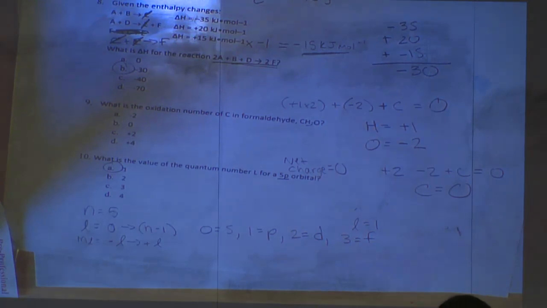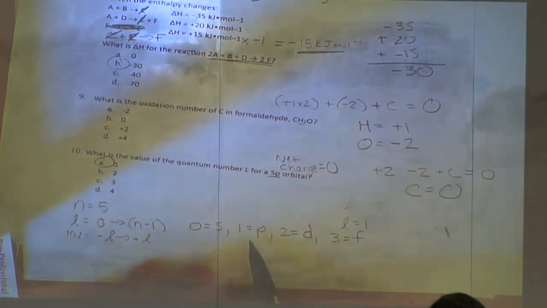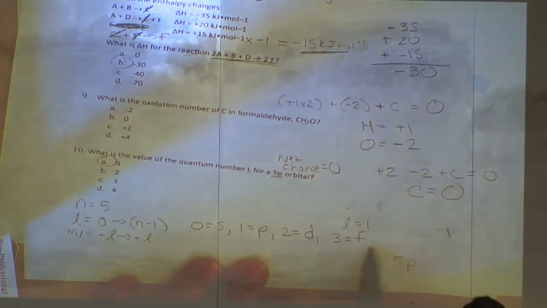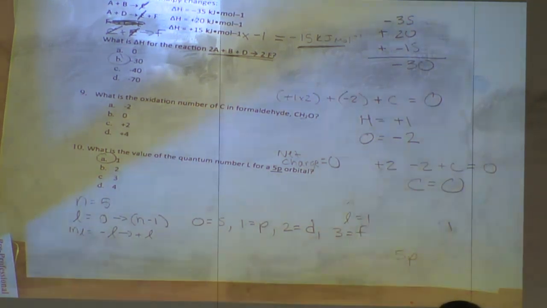All right, and just to make it click a little more, we know that when L equals 1, we're talking about P, right? P has how many orbitals? If I draw 5p, how many lines do I draw above it to draw electrons in? It's not 6, it can fit 6 electrons, but how many orbitals is it? 3, there we go.